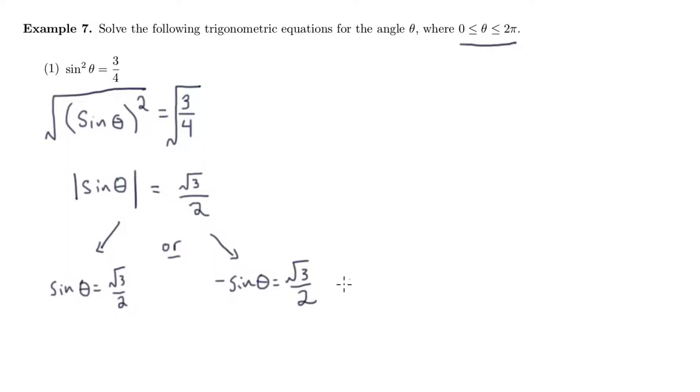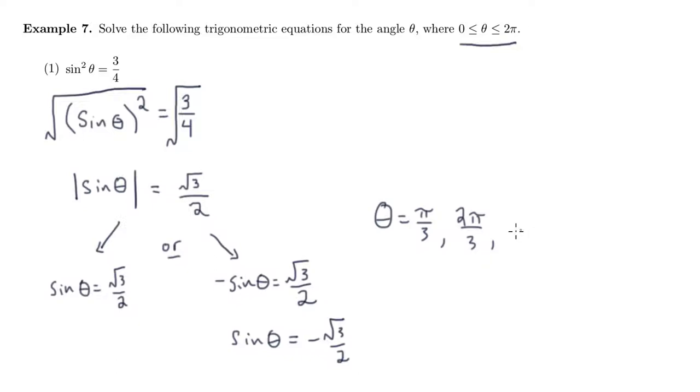Okay, so then we go back to the unit circle, the common values. When is sine theta equal to square root of 3 over 2, or equal to negative square root of 3 over 2? If I look at my table of values, it's pretty easy. Theta can be pi over 3, which gives me root 3 over 2. We can have 2 pi over 3, which also gives me root 3 over 2.